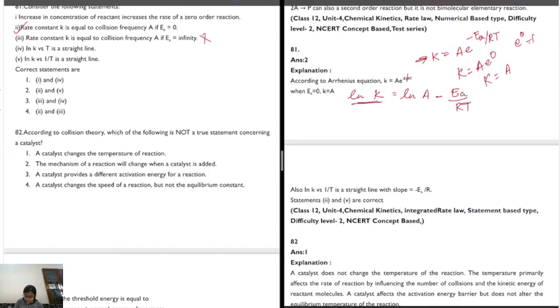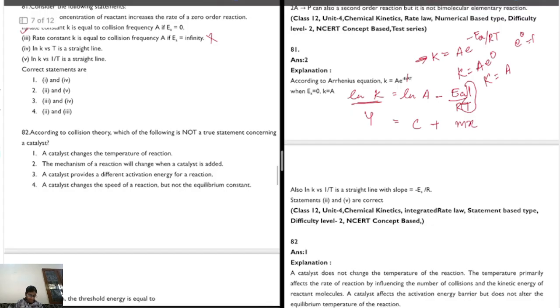This is the straight line equation y equals mx plus c. So ln K versus 1 by T is obviously a straight line. Therefore, this is the correct option, and the slope is minus EA by R. Therefore, the correct options are second and fifth.